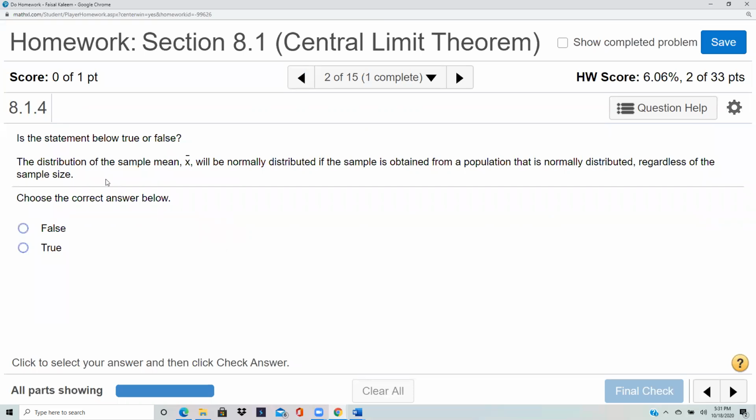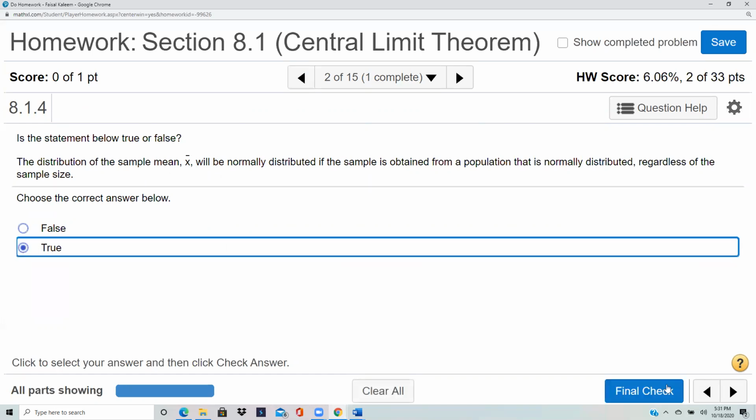True or false: the distribution of the sample mean x bar will be normally distributed if the sample is obtained from a population that's normal, regardless of the sample size. That's true. If the original population is normal, then the sampling distribution is guaranteed to be normal. In this case, we don't require the sample size to be greater than 30. So, true.